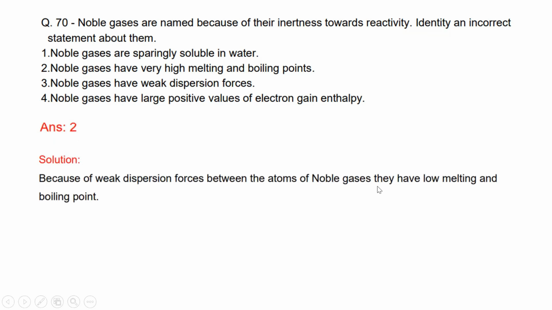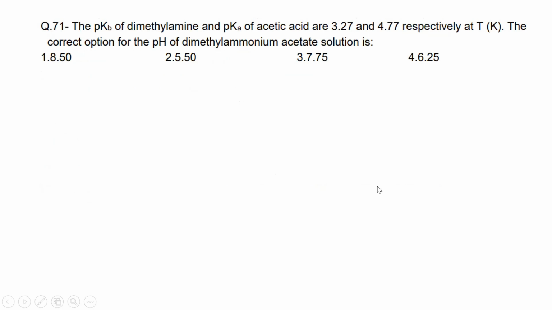Next question number 71. The pKb of dimethylamine and pKa of acetic acid are given as 3.27 and 4.77 respectively at T Kelvin temperature. So what is the correct option for the pH of dimethyl ammonium acetate? It is a weak acid plus weak base.